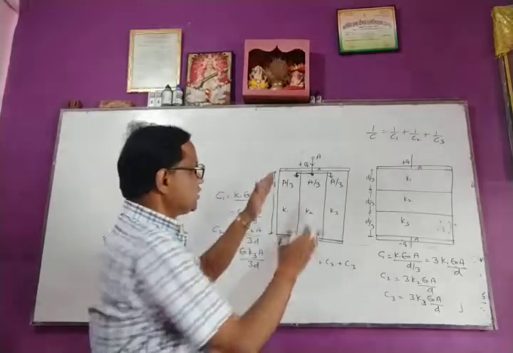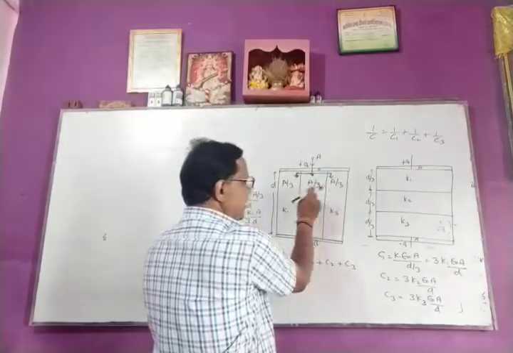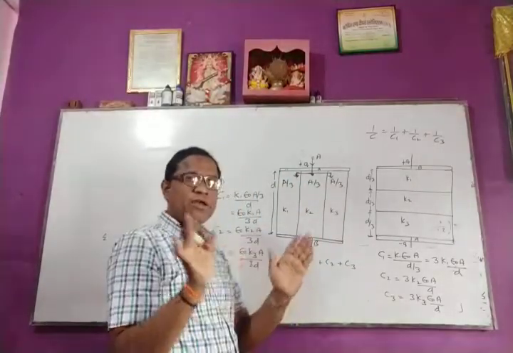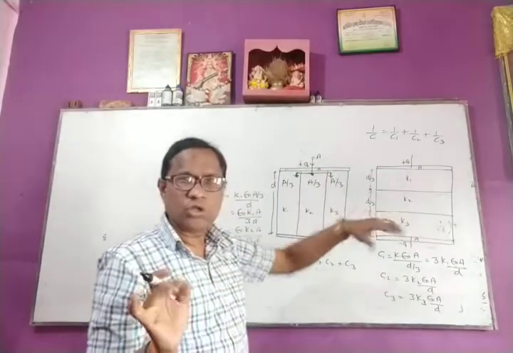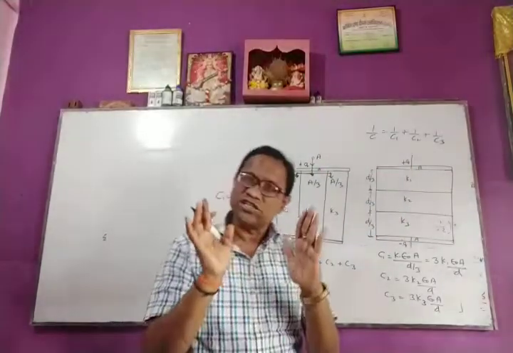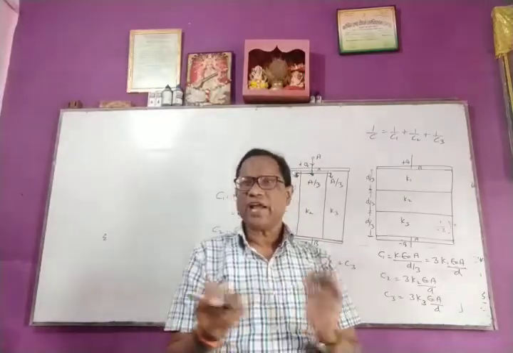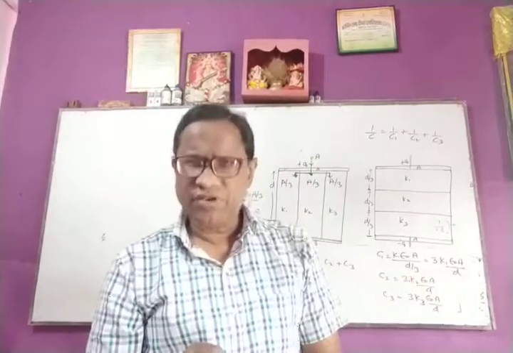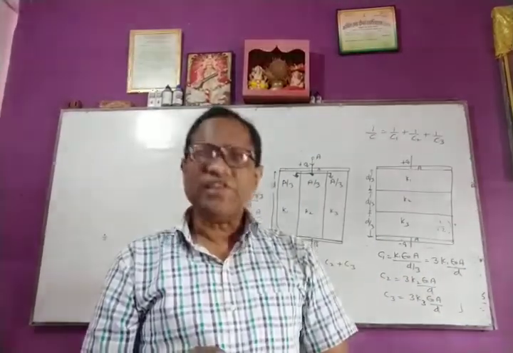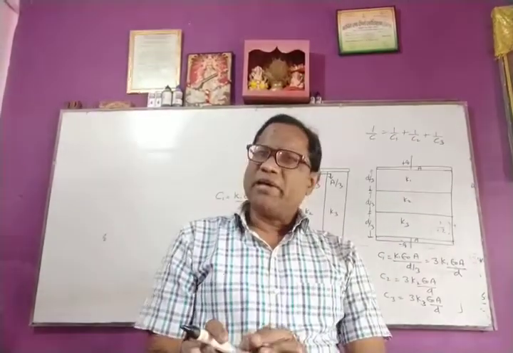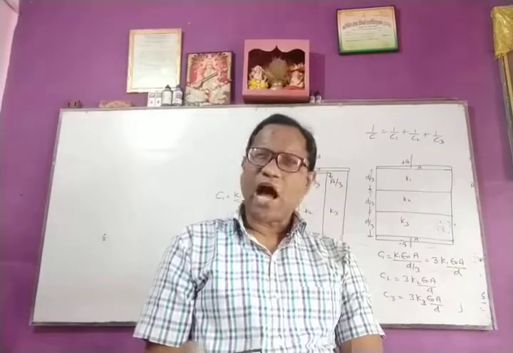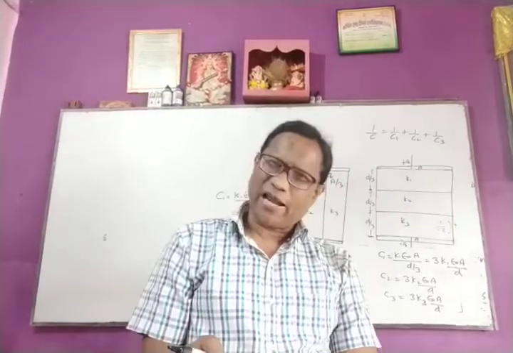If charge is divided in 3 parts, K1, K2 and K3, so they are in parallel. Same charge is flowing across all, so then they are in series connection. So we can easily detect whether imaginary capacitors are in series or in parallel.